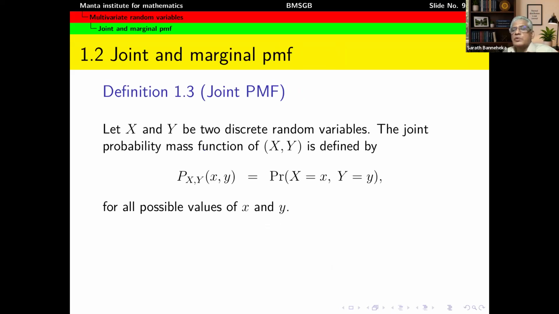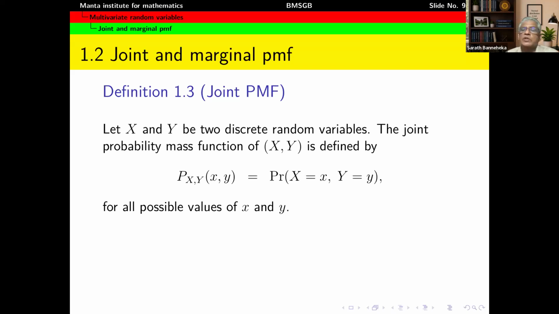Okay, so that's about the joint cumulative distribution function. Now we will learn about the joint probability mass function, right? You know, we talk about probability mass function when you have a discrete random variable. Here we are going to talk about the joint probability mass function of two discrete random variables.